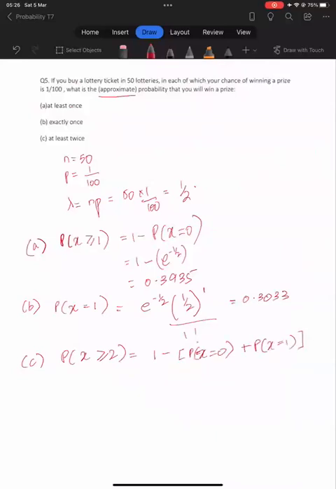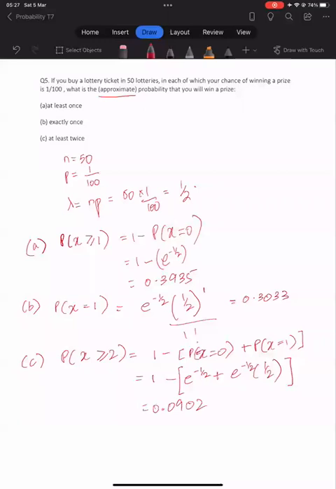So we have to find this 1 minus, for the 0 it is e to the minus half, and then for 1 we have already found it above, it is, so this should come out to be 0.0902.